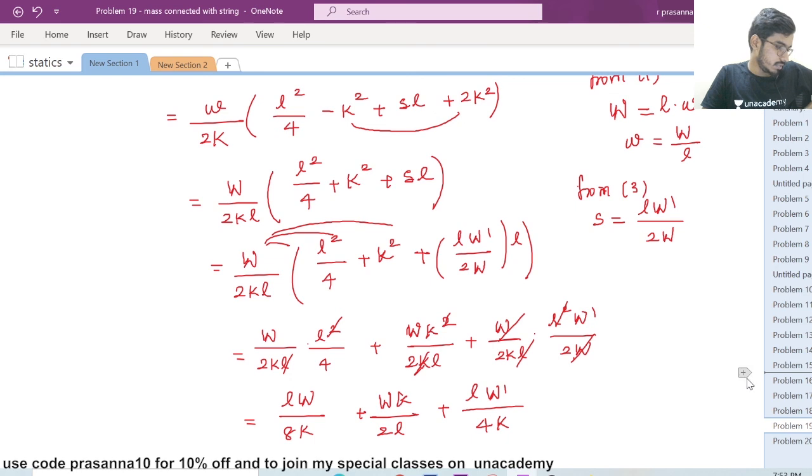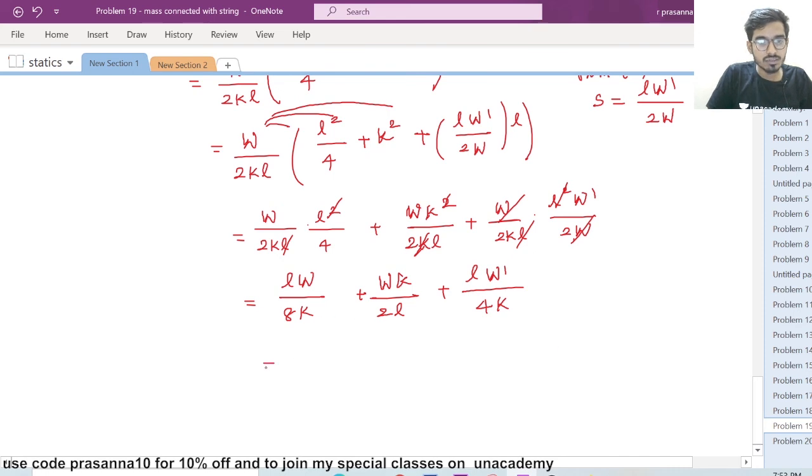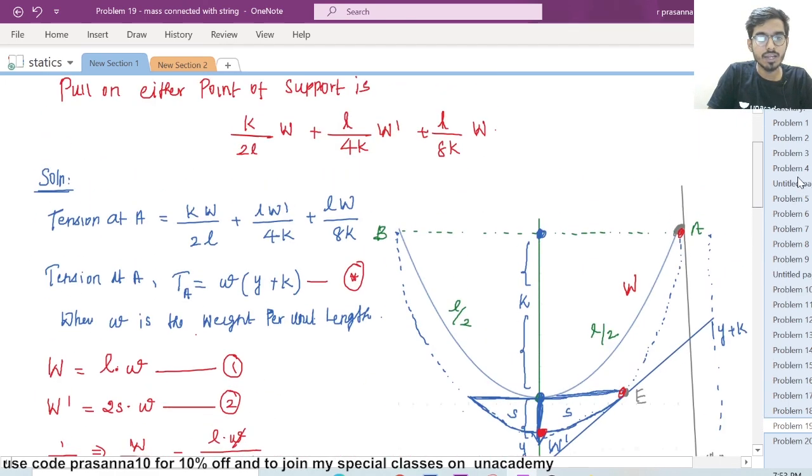So we need to prove this is equal to k by 2L times W. I'm writing the second term first, k by 2L W plus L by 4k W dash plus L by 8k W, right? So I'm just reordering so that I can prove the one that I need to prove.